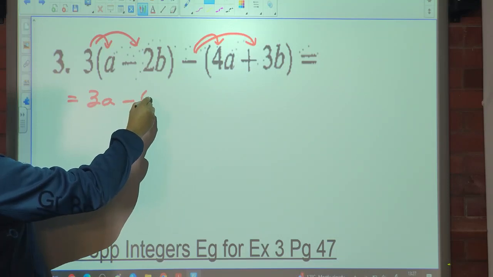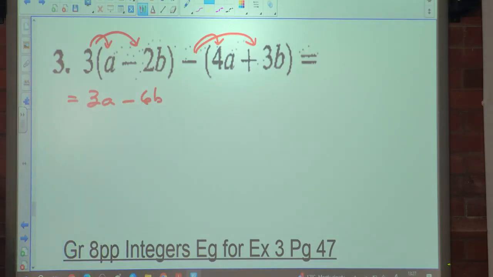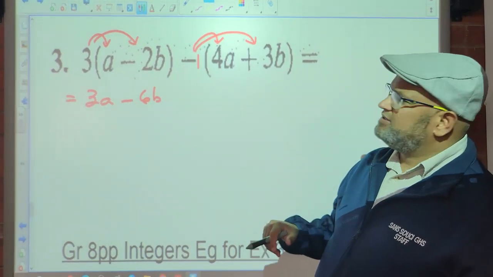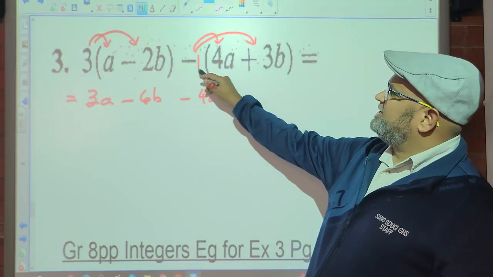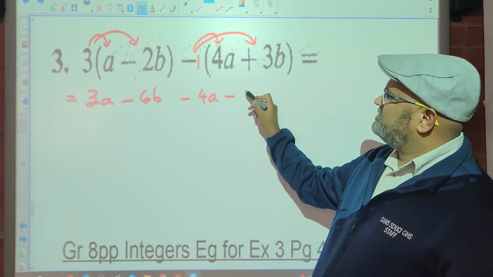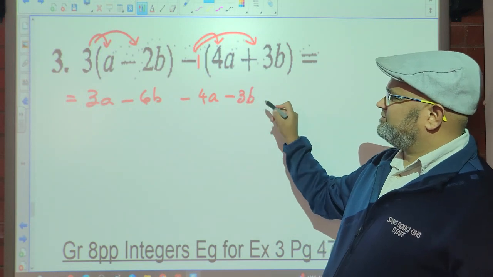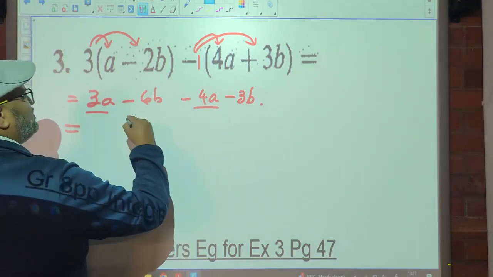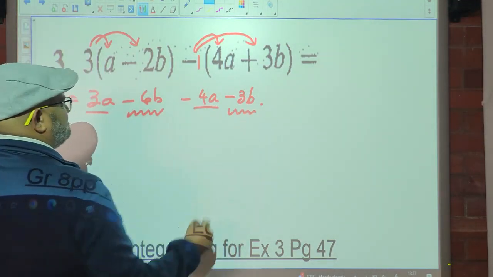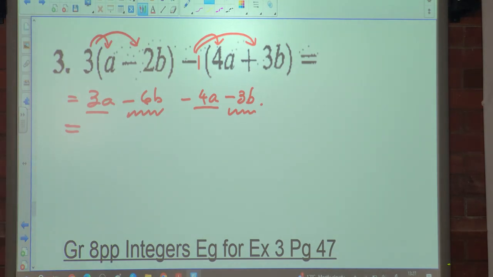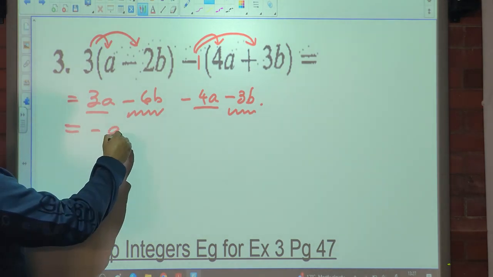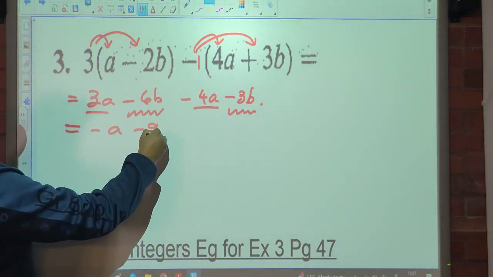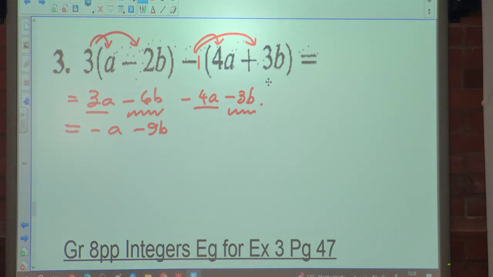Negative 6b. What is negative 1 multiplied by 4a? Negative 4a. Negative 1 times 3b. Negative 3b. So what do I do now? Look for like terms. So 3a minus 4a minus 6b minus 3b. What is 3a minus 4a? Negative a. Minus 6b minus 3b, negative 9b. Any confusion there?